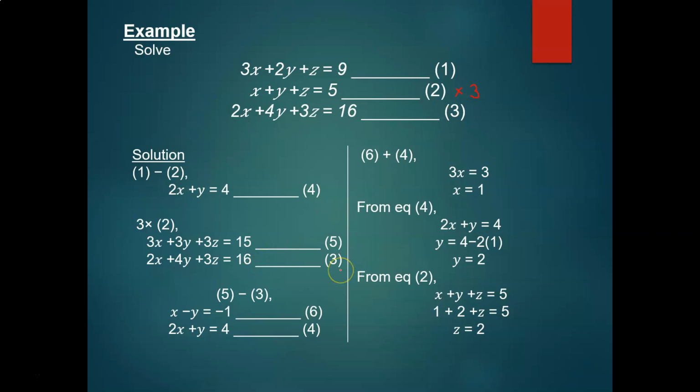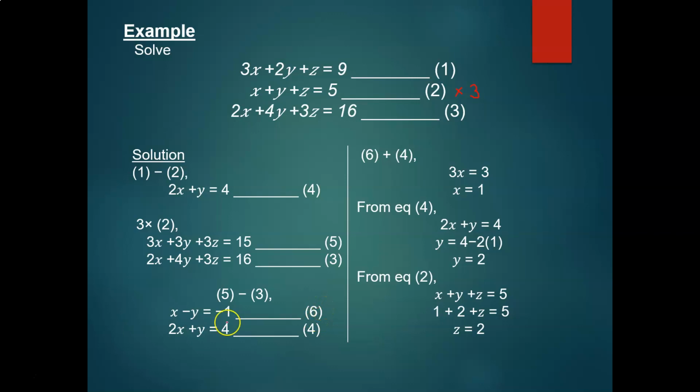So why don't I minus 5 minus 3? Equation 5 ni I minus lah dengan equation 3. So I get, bila kita tolak 3x minus 2x, you get x. 3y minus 4y, you get negative y. 3z minus 3z, nil. 15 minus 16, you get negative 1.